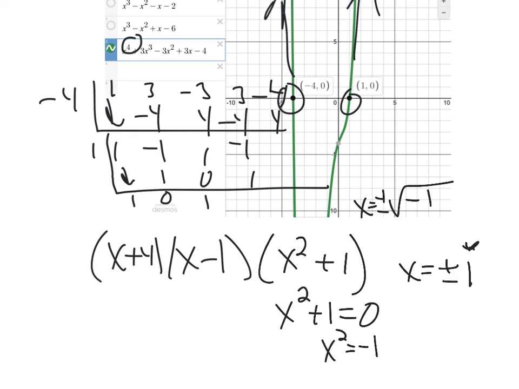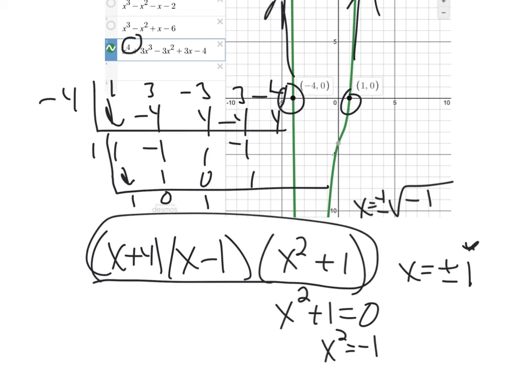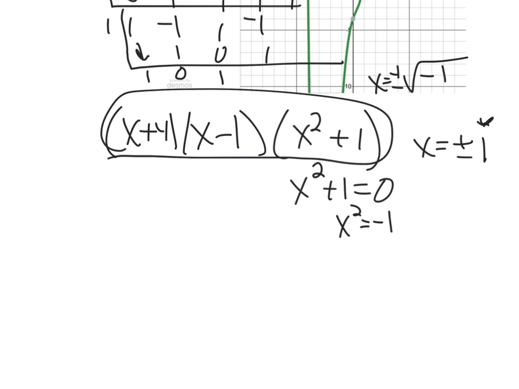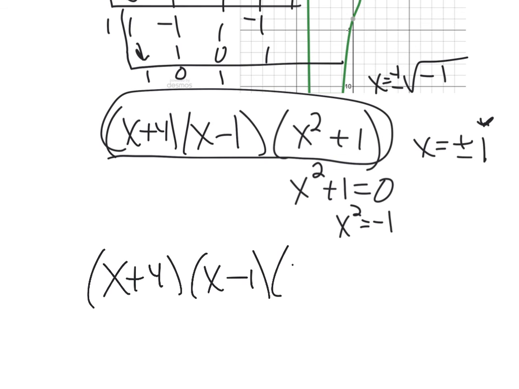So that's the solution from the back of the book, if you looked in the back of the book. And the set of linear factors would be x plus 4 times x minus 1 times x plus i times x minus i. Okay.